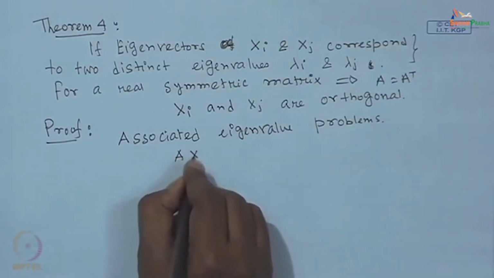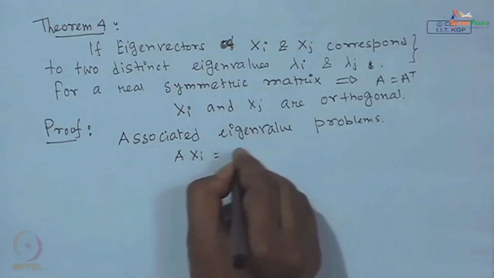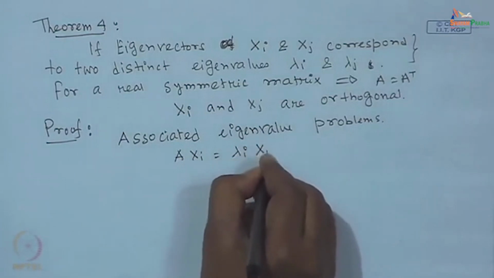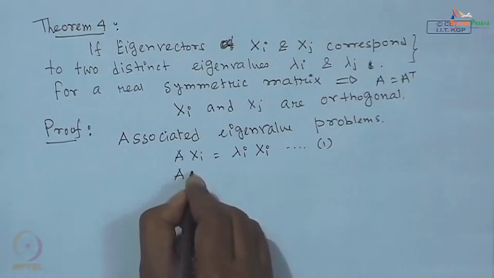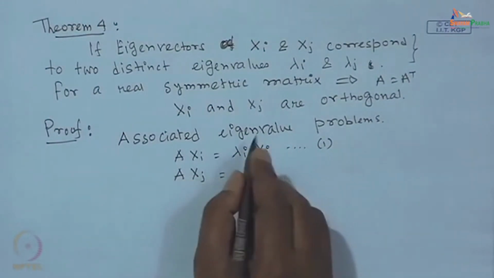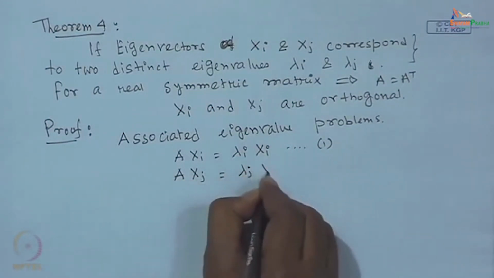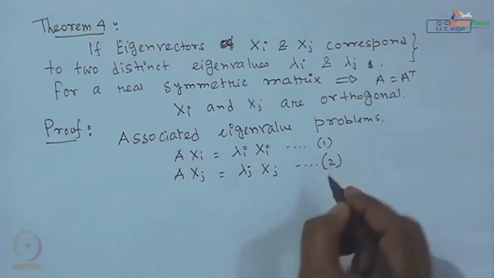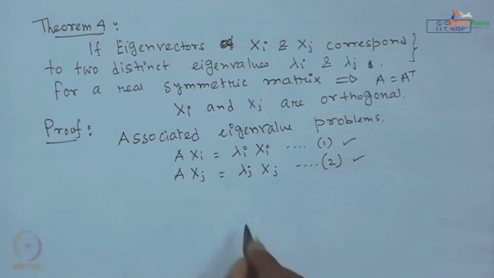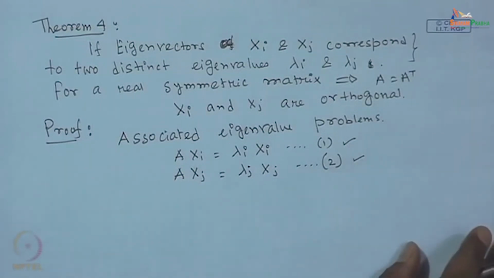A x I is equal to lambda I x I, this is equation number 1. A x j is equal to lambda j x j, this is equation number 2. These are the associated eigenvalue problems for lambda I and lambda j.